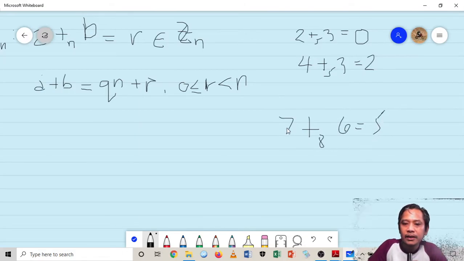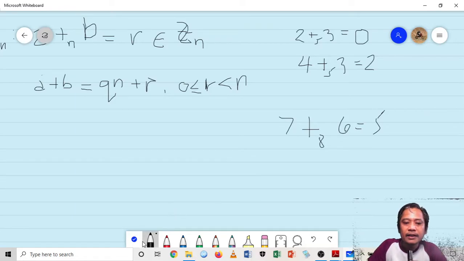Why? Because 7 plus 6 is ordinarily 13, but if you divide 13 by 8, the quotient is 1 with a remainder of 5. So that is why 7 plus 6 is equal to 5 in modulo 8.